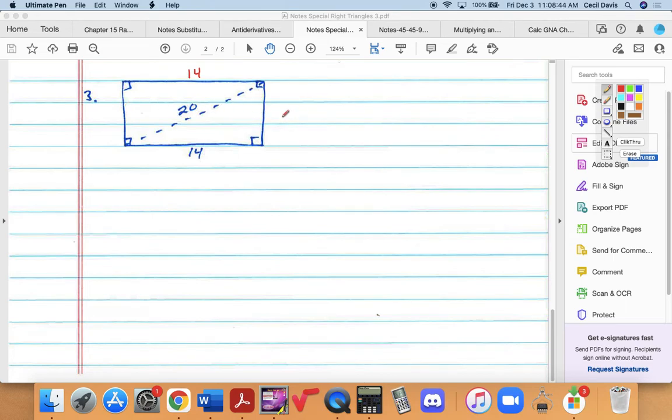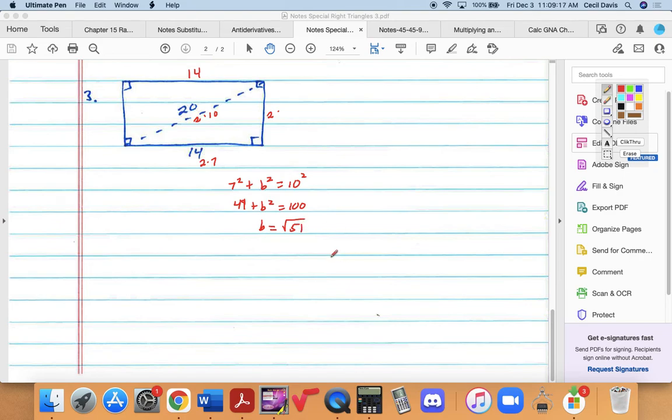By the Pythagorean theorem. Exactly. Both of these are divisible by 2, so I'll factor this to 2 times 10, and this to 2 times 7. So this will be 2 times something. So 7 squared plus b squared is equal to 10 squared. So that's 49 plus b squared is 100. So b is going to be the square root of 51.